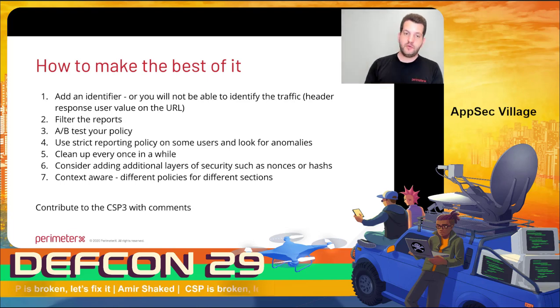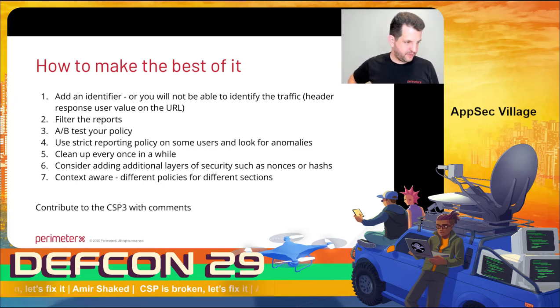The most common practice here is to create some random value in one way or another on the report URL as a request param. So you add an identifier, and then when the report comes back from the browser, if there was a violation, you can use those request params in order to understand which user or how many users were actually affected with that report.